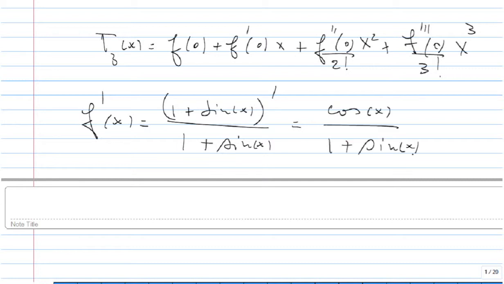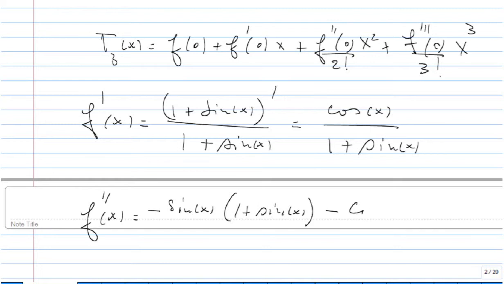Next, we look for the second derivative, and for that we're going to use the ratio formula for the derivative. So the derivative of cosine is minus sine, so it's going to be minus sine x times 1 plus sine x, minus the derivative of the bottom, which is cosine x, times cosine, over 1 plus sine of x squared.